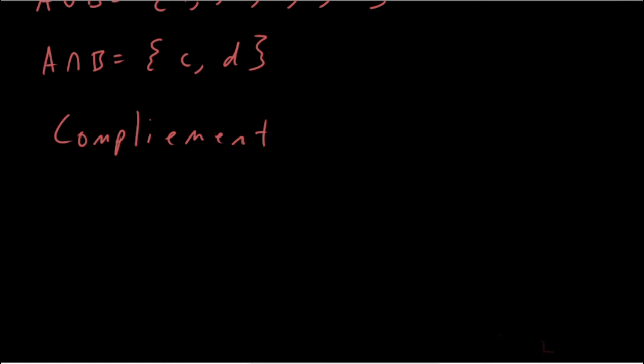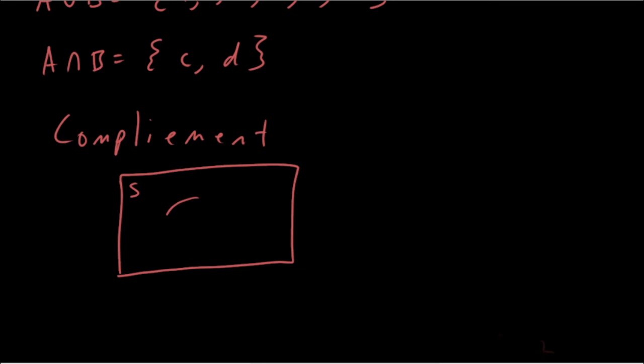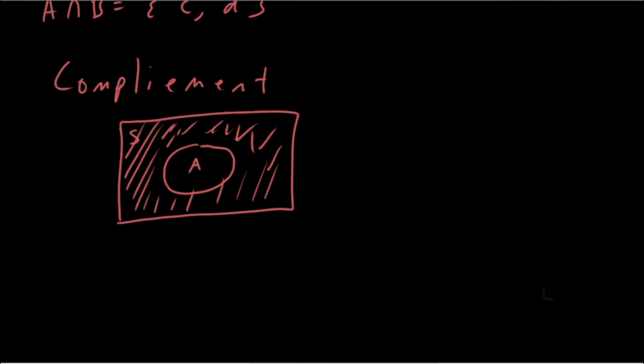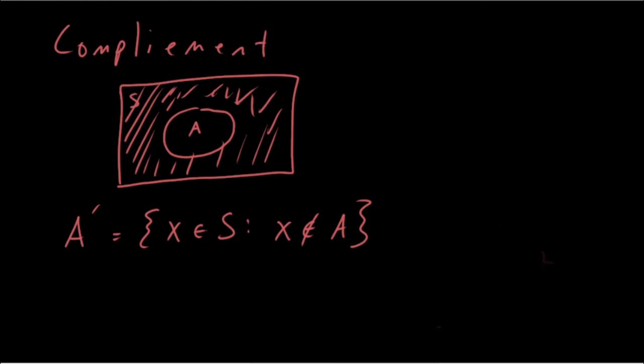Now let's move on to the complement. Basically, we have our sample space S and we have our set A. The complement is everything in S but not in A, so it's all these parts. That's literally what we write: A complement is equal to X contained in S such that X is not in A. Let's do an example.